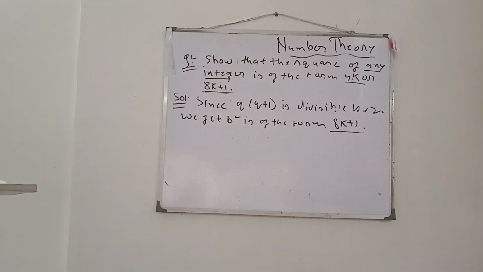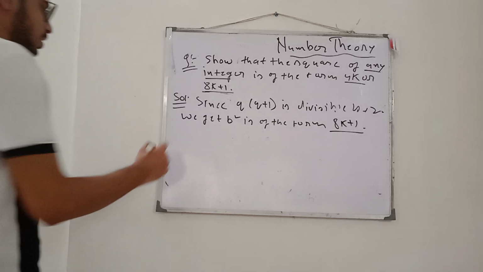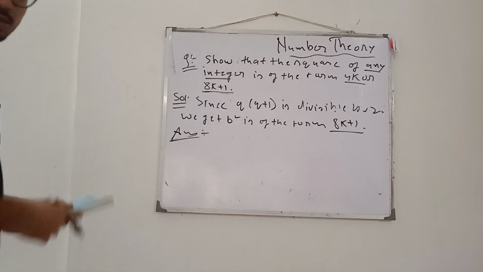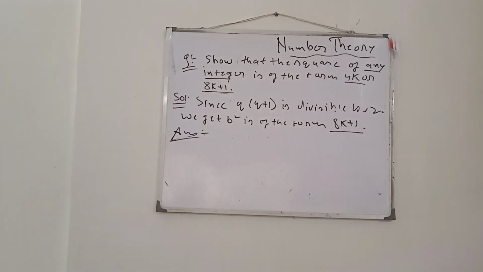Done? So since q into q plus 1 is divisible by 2, we get b square is of the form 8k plus 1. I hope you guys are done. Answer done? Okay.